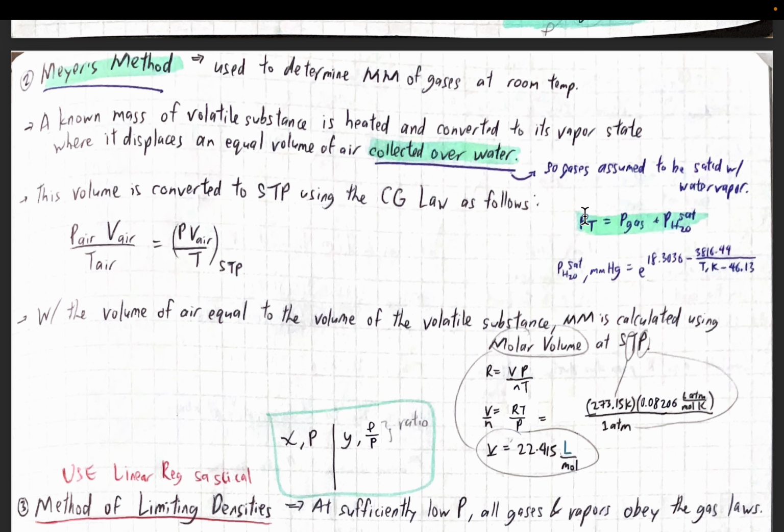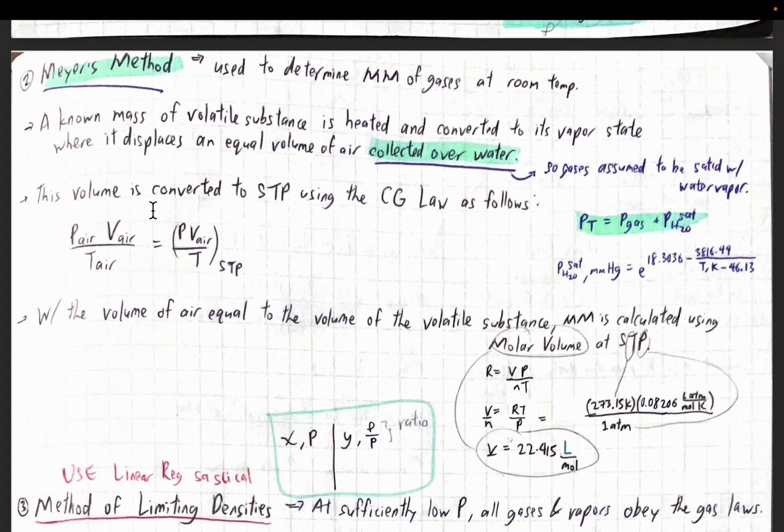What this phrase means is that gases are assumed to be saturated with water vapor. So, in that sense, we have this equation that you have to take note of. The total pressure is equal to the pressure of the gas plus, this is basically vapor pressure, the saturated pressure of water. This volume is converted to standard temperature and pressure using the combined gas law as follows.